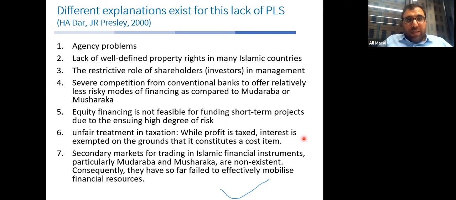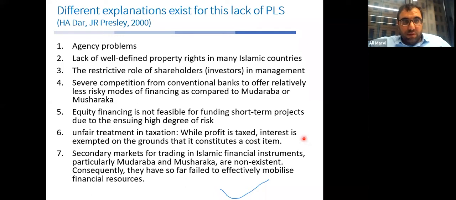And so that forces the Islamic banks to move to other modes of financing rather than PLS contracts, or rather than Mudaraba or Musharaka. So that's the other explanation for this lack of PLS.